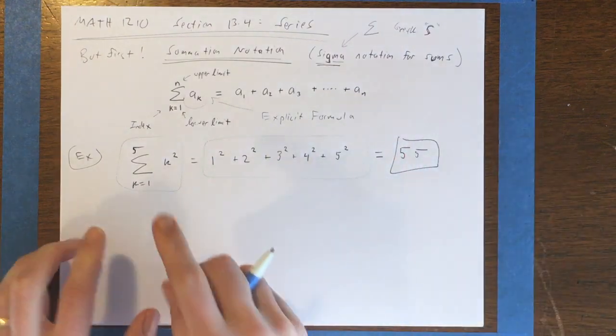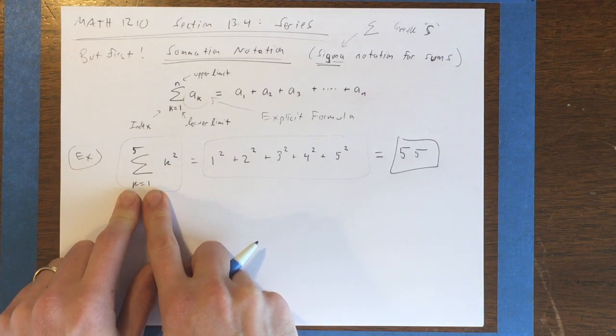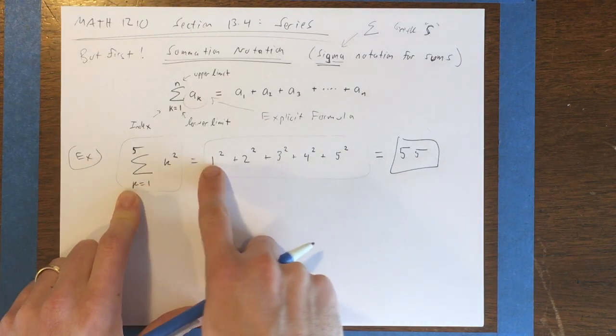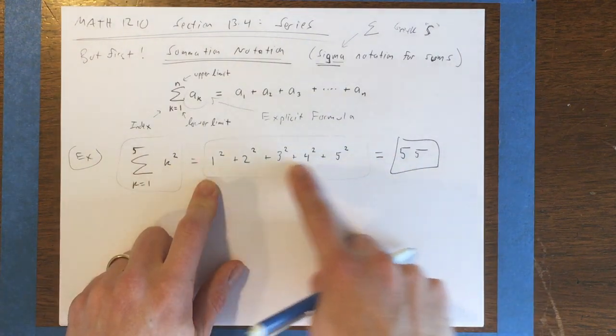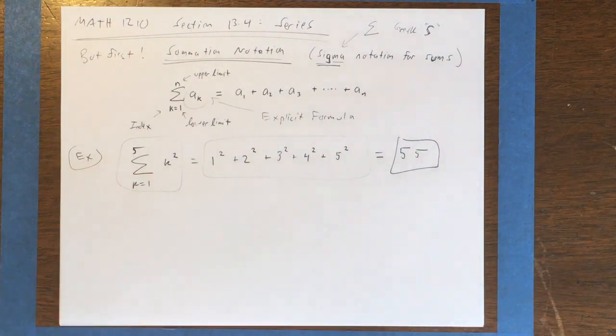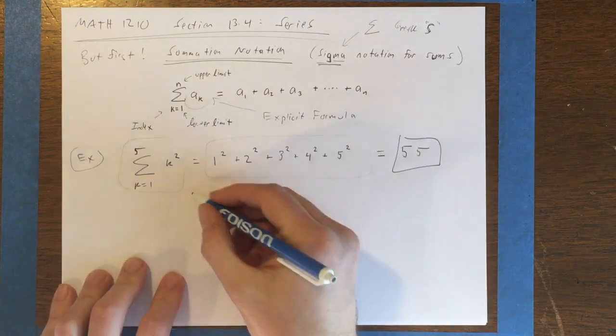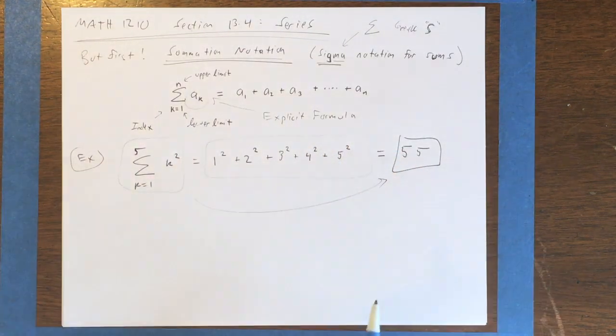If you're asked to evaluate an expression given in sigma notation, it means figure out what it is equal to by adding these things up. Sometimes we're going to do that the long way by actually adding everything. But I'm also going to show you some shortcut formulas for evaluating this more directly, skipping this step in the middle. All right.